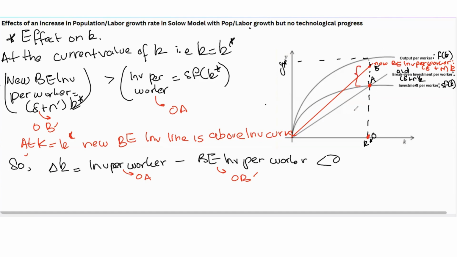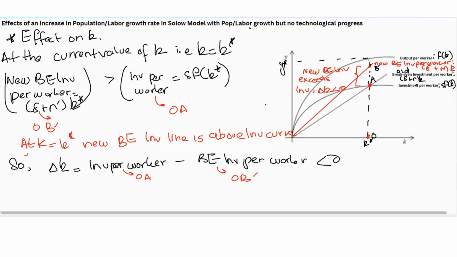This much is the amount by which new break-even investment per worker exceeds investment per worker. This represents a negative delta k, the change in capital per worker, over here.